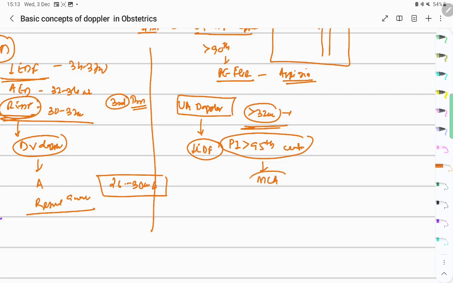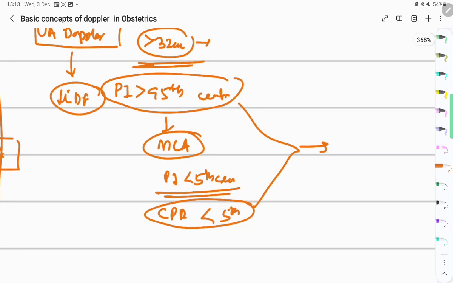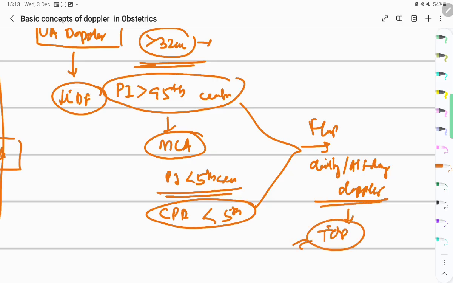We will follow the patient with MCA Doppler, and if the MCA PI is less than 5th centile, that means the CPR is less than 5th centile. So I will follow this patient, and follow-up means daily or alternate-day Doppler will be done, and I will plan for termination accordingly.